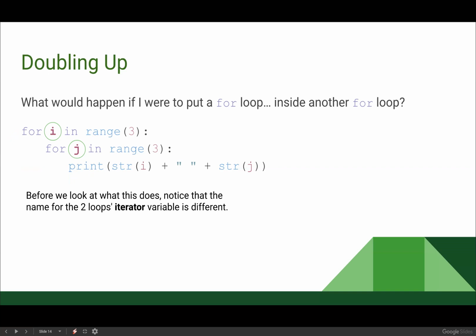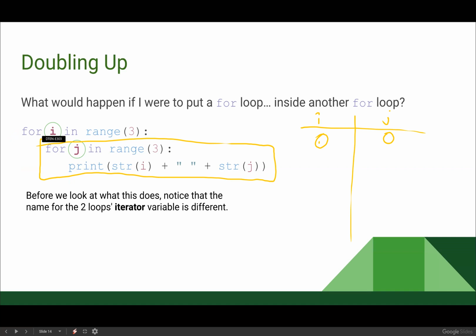Let's go through our for loops. What is our first value for i going to be? 0. i is going to start at 0. What's our first value for j going to be? 0. j is also going to start at 0. Now, which one of these is going to update first? j. j is going to update first because it is the inside loop.